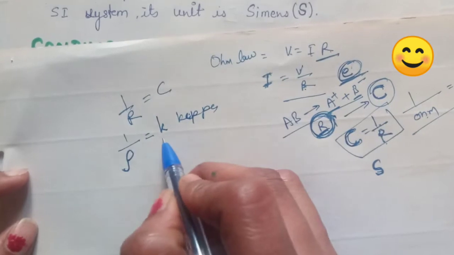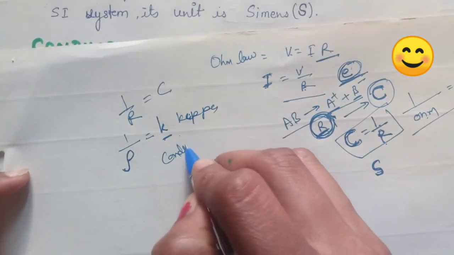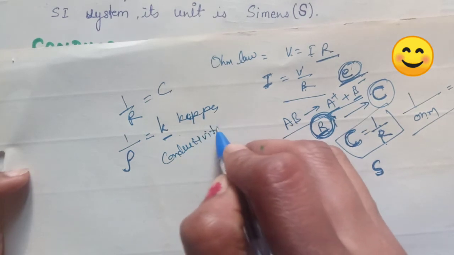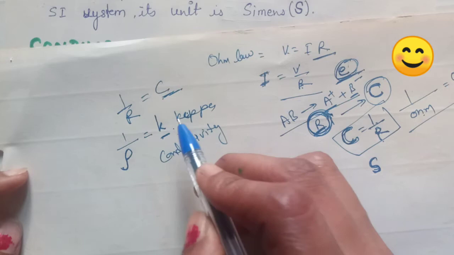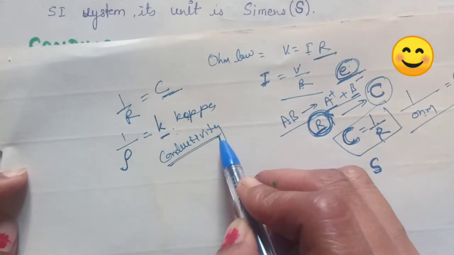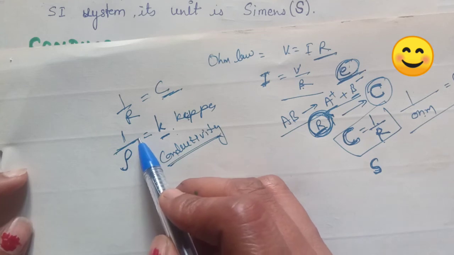What is kappa? It is the specific conductance, or we can say conductivity. Kappa is specific conductance or conductivity.